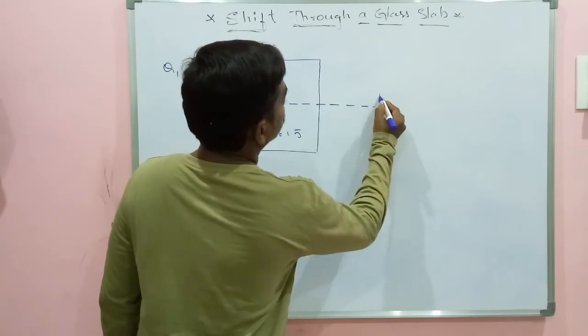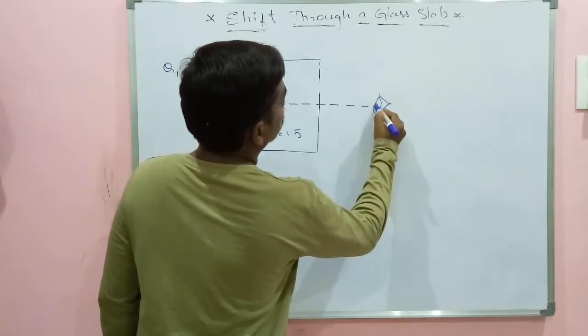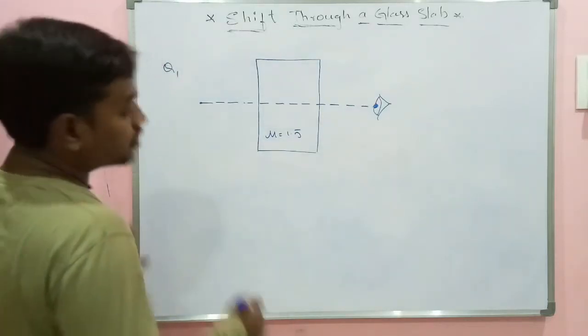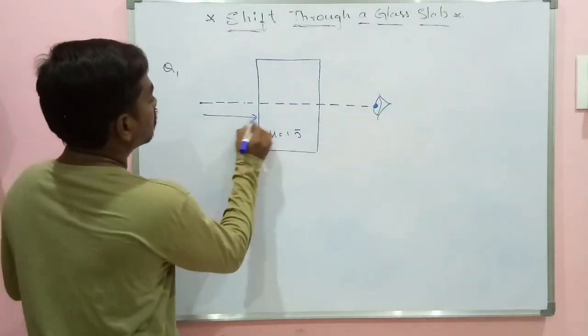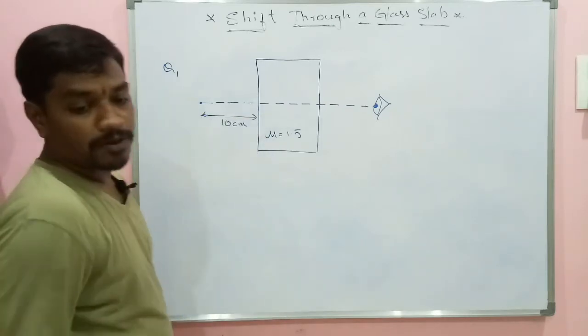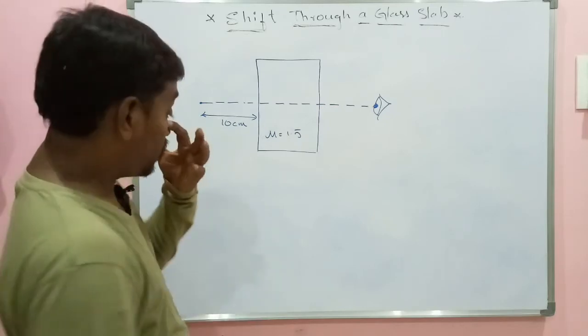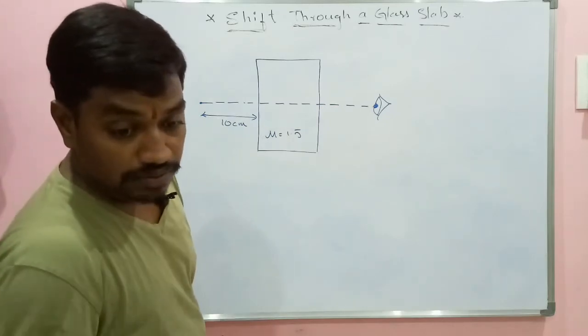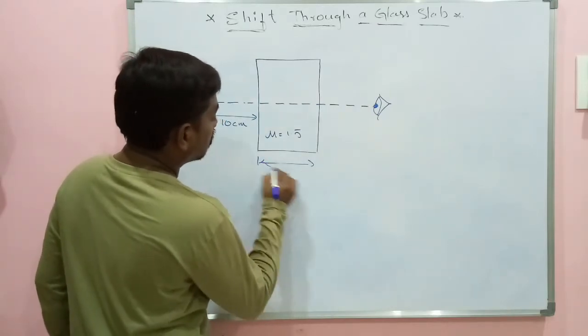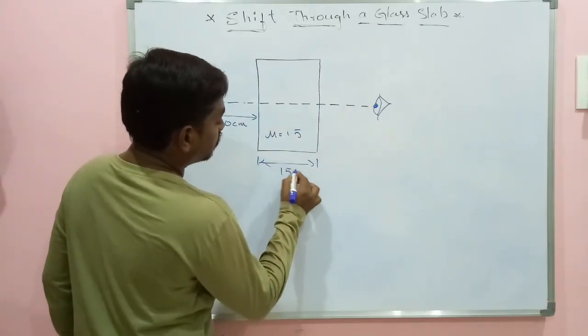From here I am seeing the object. An object is at, remember, 10 centimeters. The thickness of the slab is 15 centimeters.